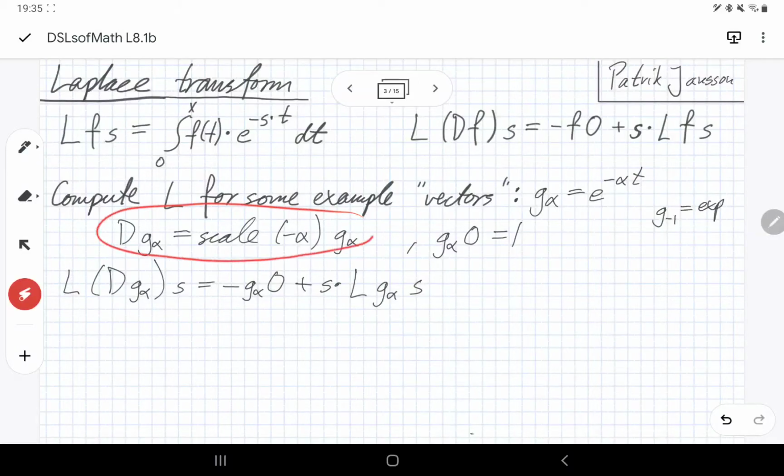These equations, the computation of the derivative and the computation of the value at 0. So the value at 0, let's do that first. Minus G alpha at 0 is -1, just as before.